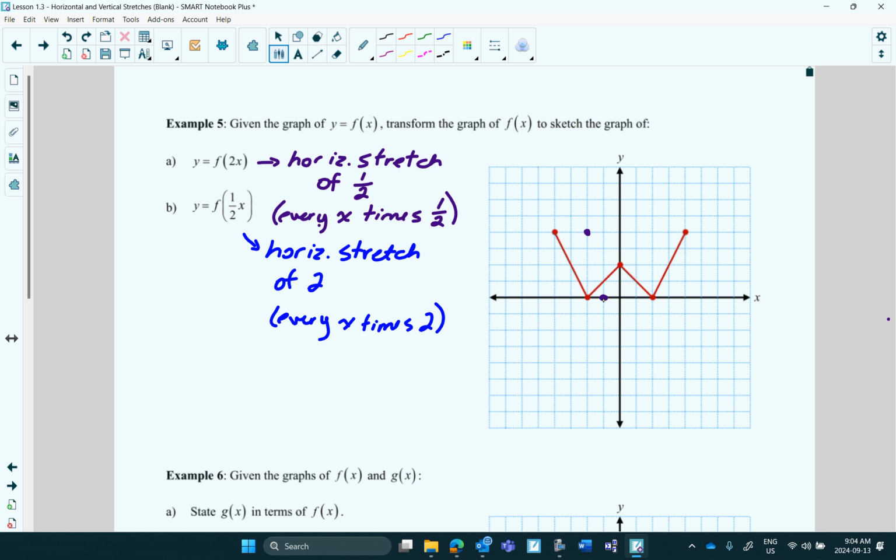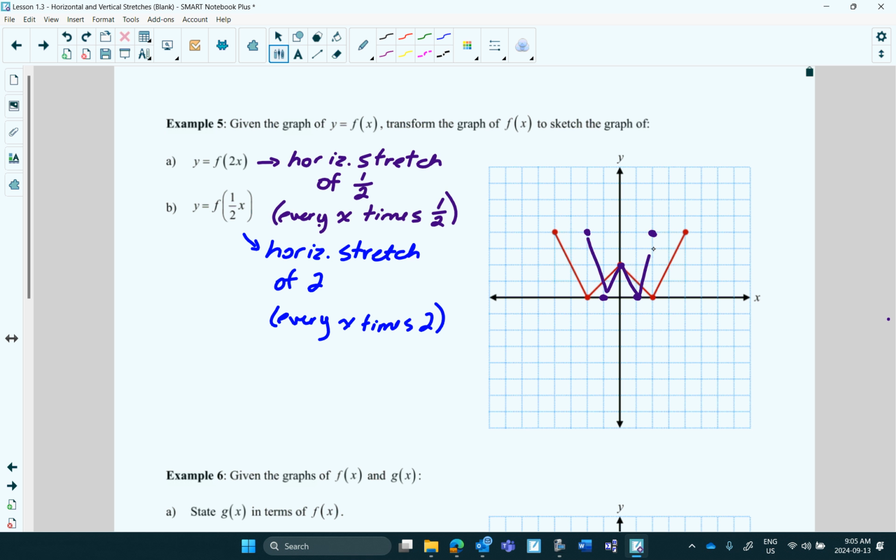This one, the x is 0. Half of 0 is still 0. This one, the x is 2, the y is 0. Half of x is 2. And here, the x is 4, the y is 4. So we take half of x, and the y stays at 4.